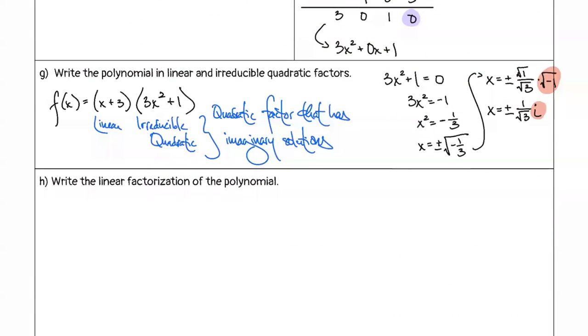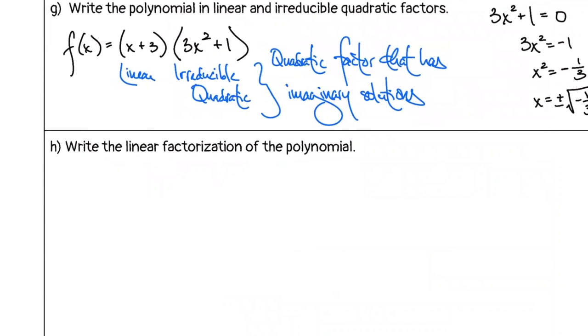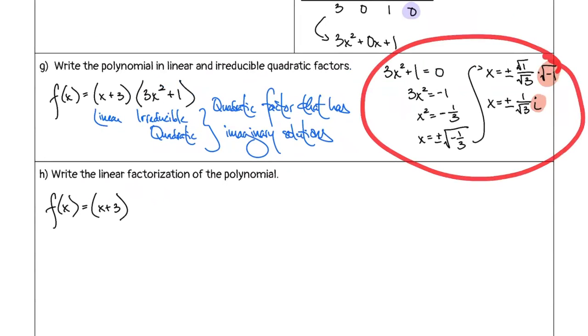All right, so we now have to write the linear factorization. Right now we have part of a linear factorization, but this part is still quadratic. So we get to keep the part that is linear already, and we're only going to work with the irreducible quadratic part. And I'll tell you what, we already did a lot of the work we need to do over here.